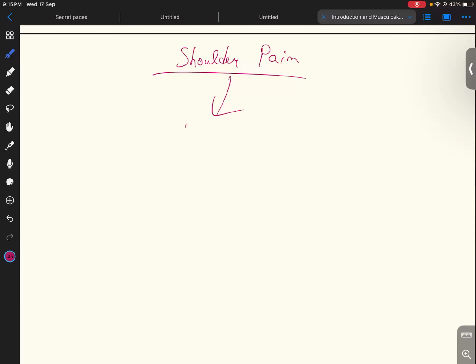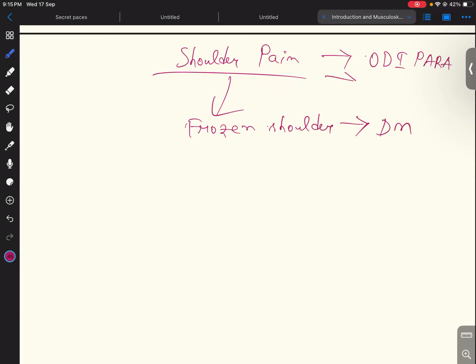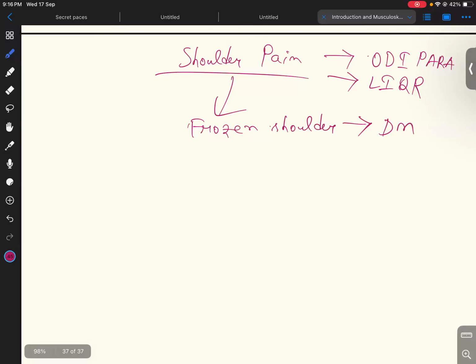Okay. In the PACES exam, shoulder pain actually comes as a case of frozen shoulder, typically with a history of diabetes. You have to analyze the symptom using the ODPARA, then LICOR, then you can directly go to the past medical history, and whenever you get a clue that the patient has diabetes, then the diagnosis is frozen shoulder.